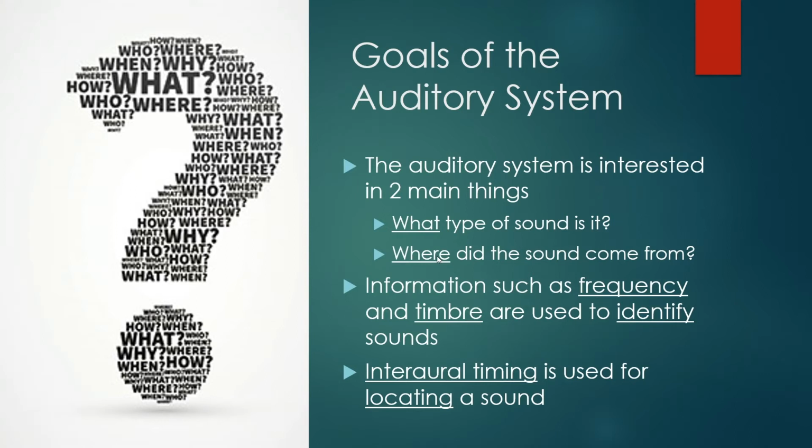It has a unique profile. These are ideas that we're going to come back to on the next couple of slides, so don't worry if you don't get all of this down. We're going to talk about timbre in a second, and interaural timing next. The main idea is that what and where are very common things that are going to come up throughout the course. Those are goals that the brain has in general.